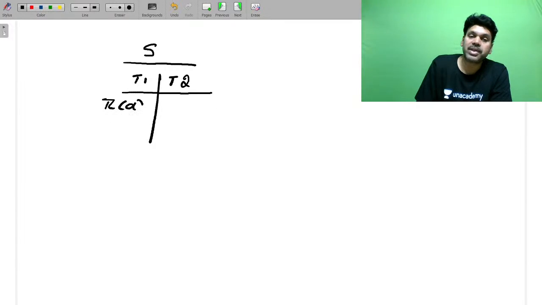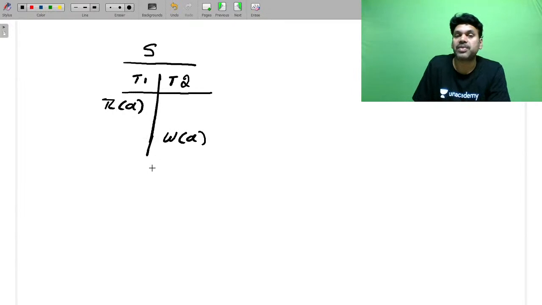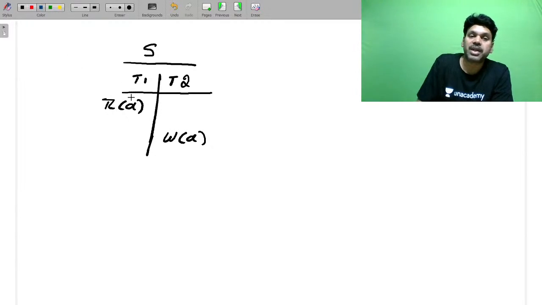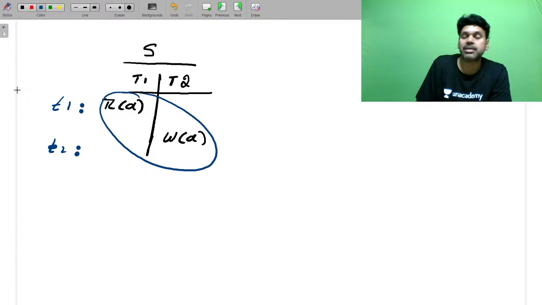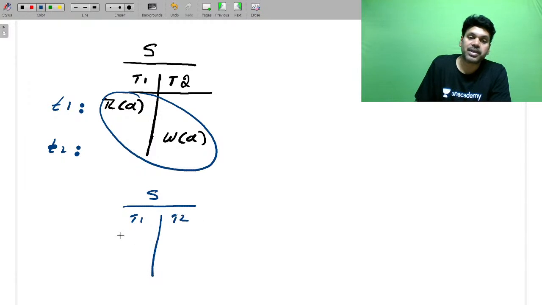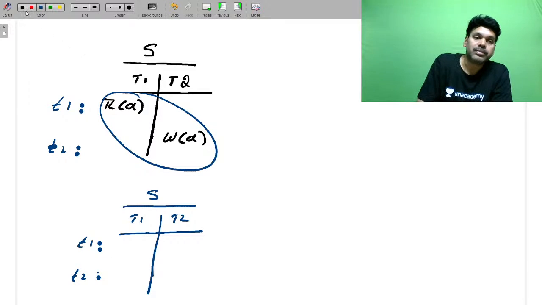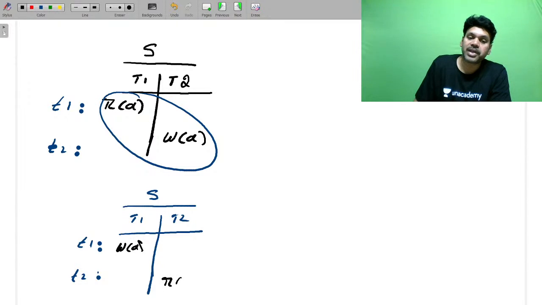Now read on A and write on A. This is one of your conflicts. So which kind of conflict is it? From lower to upper you need to cross check. So this is the conflict called RW. If you are taking a Schedule S which consists of T1 and T2, at timing 1 and timing 2, one starts by performing a write initially, and the other is trying to perform a read.